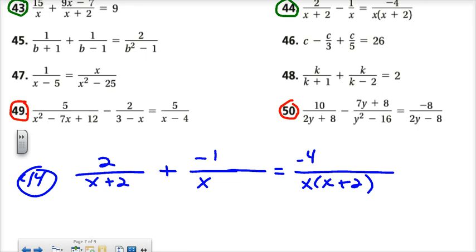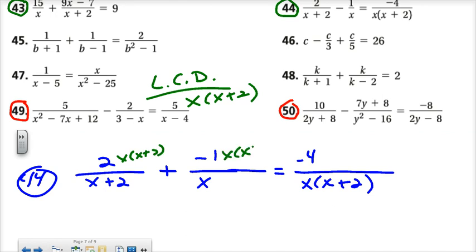Now, at this point, we need an LCD. And our LCD will be x and (x plus 2). So we're going to multiply all of our fractions by x and (x plus 2) to eliminate our denominators.